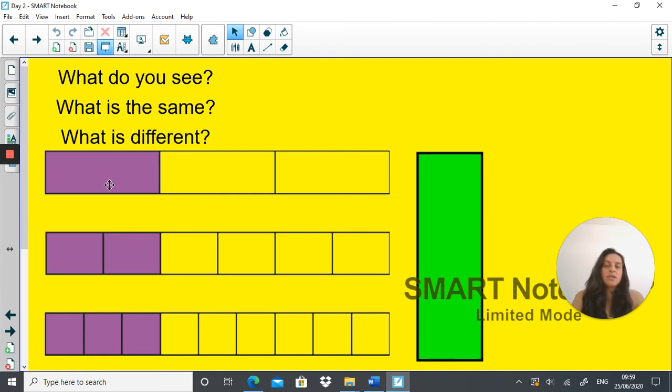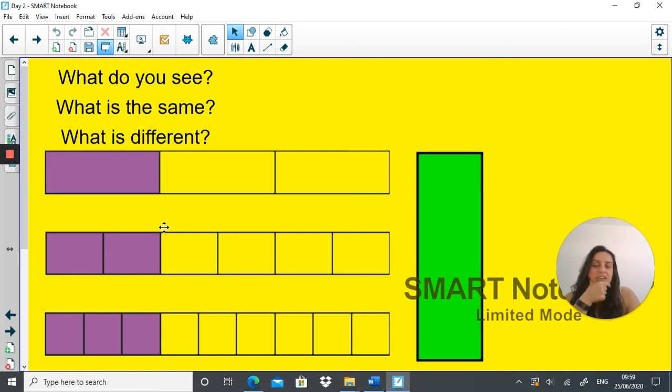In this one, this rectangle is divided into 3 equal parts and 1 part's been shaded in. This rectangle has been divided into 6 equal parts and 2 parts are shaded in. And in this rectangle, the shape has been divided into 9 equal parts and 3 of them have been shaded. If you look at these rectangles and the shaded parts, actually it's equal.